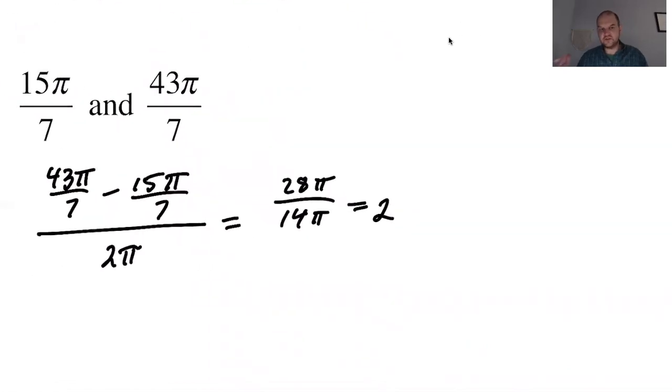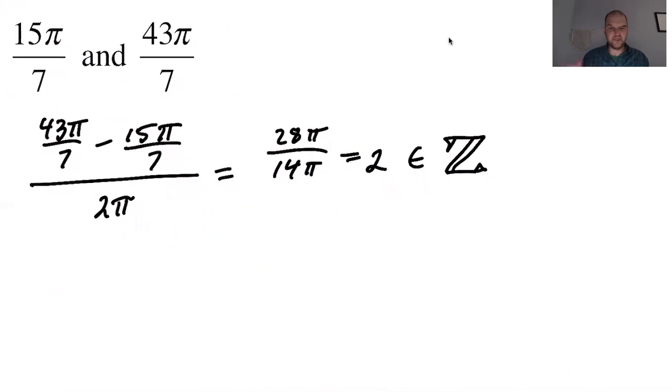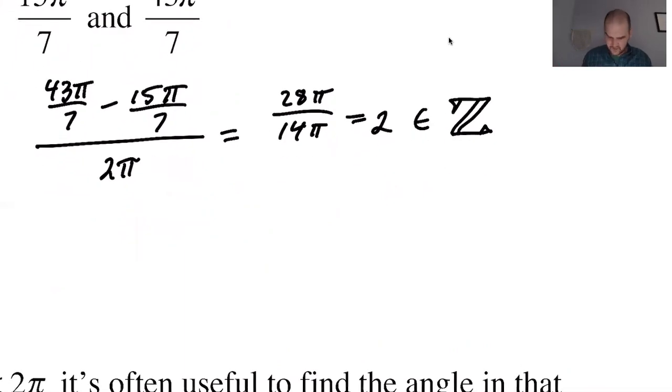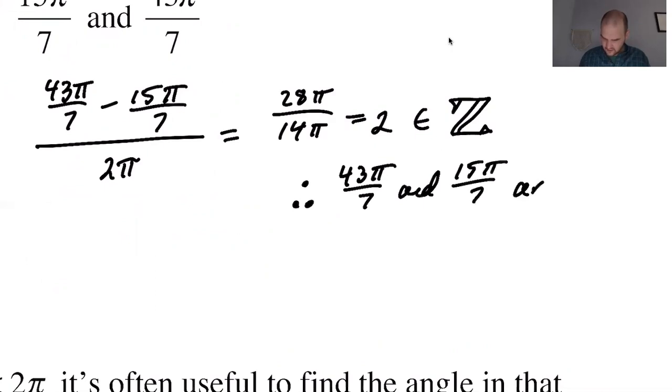So I get just 2. 2 is an element of the integers. It's a little harder to do on the iPad than on paper, to be honest. Therefore, 43 pi over 7 and 15 pi over 7 are coterminal.